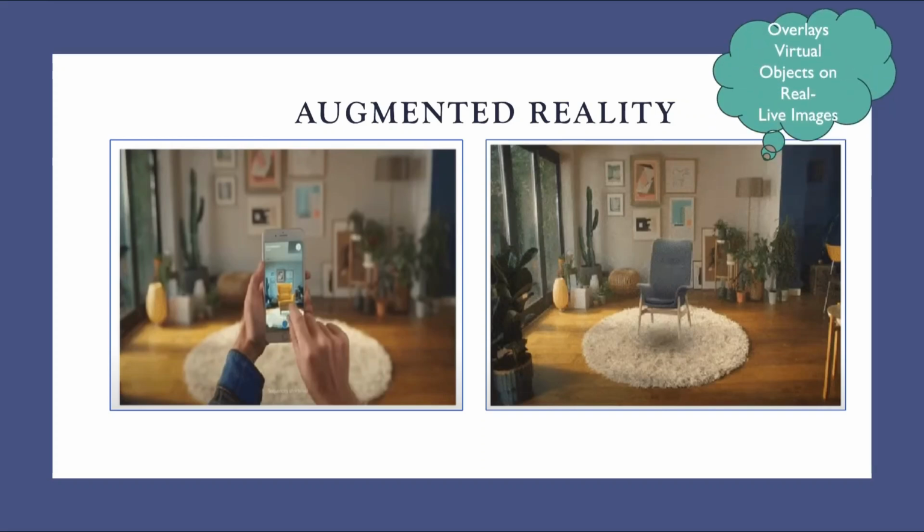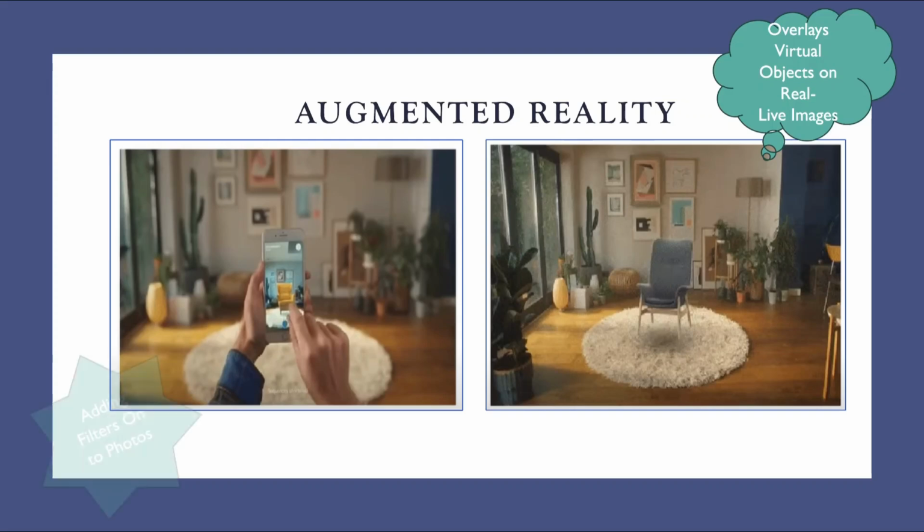So this feature is called augmented reality, where it overlays your virtual objects. Your virtual object, you can see in the image, is a chair which is overlaid on your real live images. So augmented reality means this.